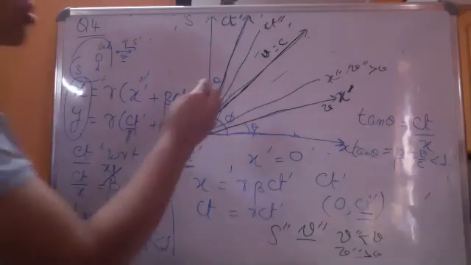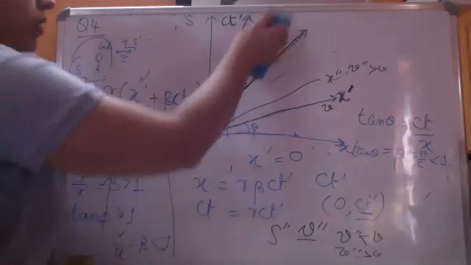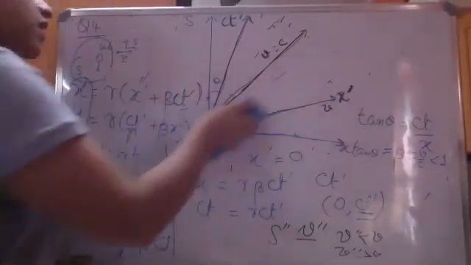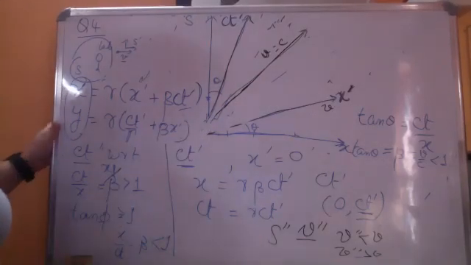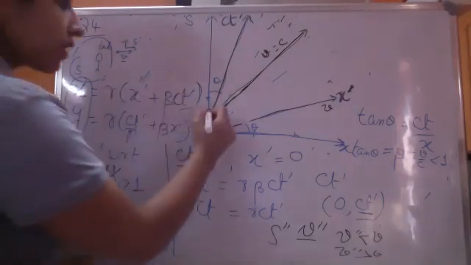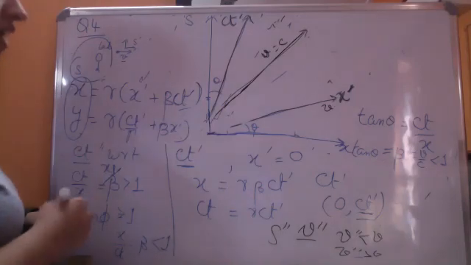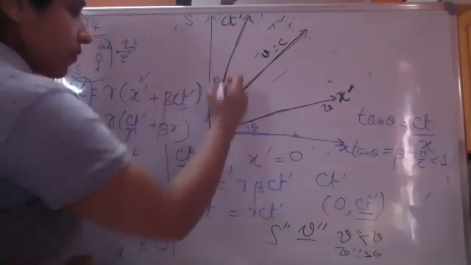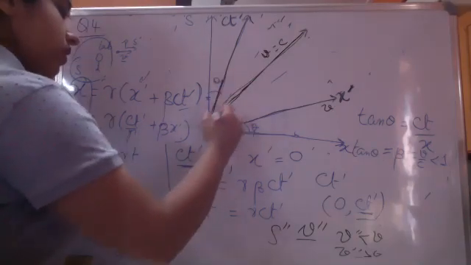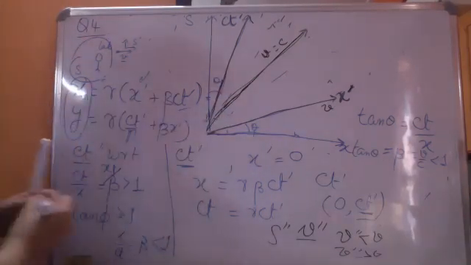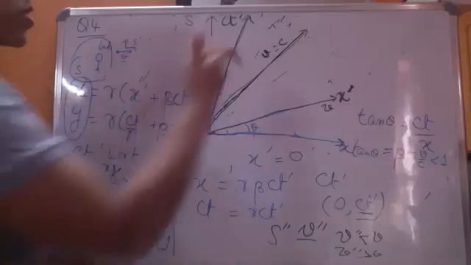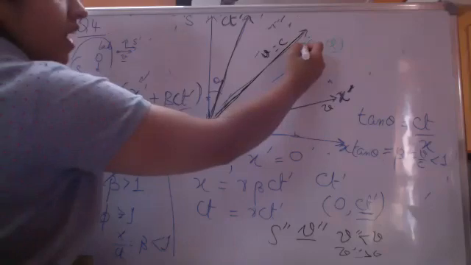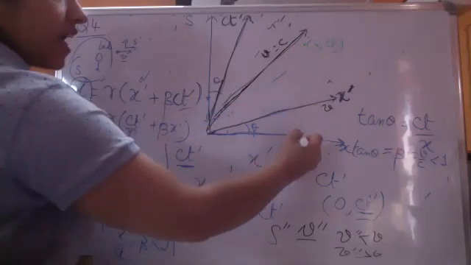Now, if you are able to draw the world map, you can also mark coordinates of any event x, ct. How will you mark its coordinates in the S frame of reference?